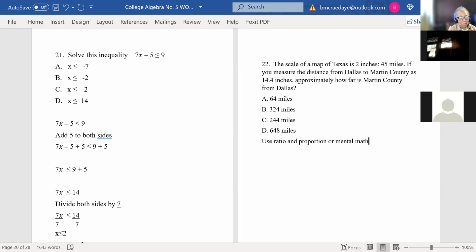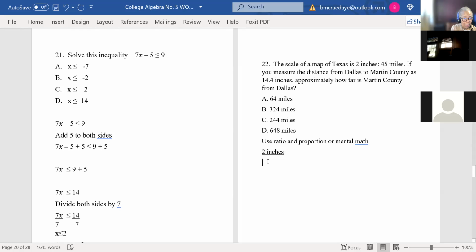Okay, well, tell me, how would you do it ratio proportion? How would you set it up? Inches to 14.4 inches. Okay, 2 inches over 14.4 inches.